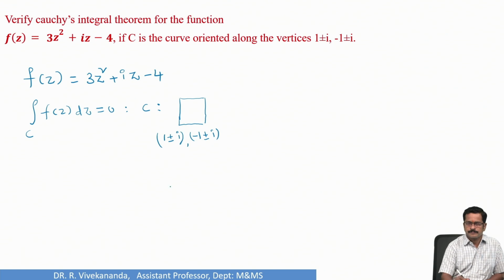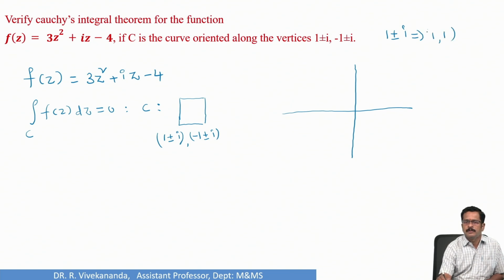First, let us draw the curve. Here 1 plus or minus i is nothing but (1, 1) and (1, minus 1).